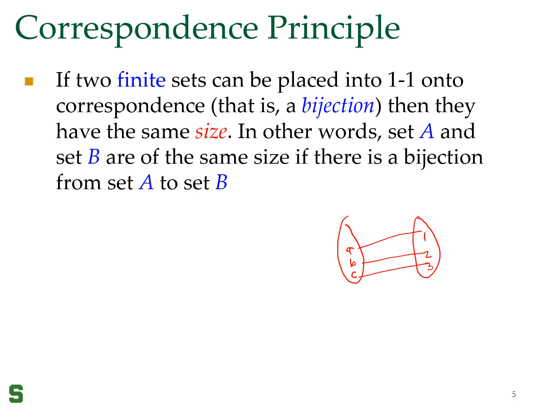That means it's 1 to 1 and it is onto. We're going to use this idea to decide when two infinite sets have the same cardinality. So in other words, if there is a bijection between those two sets, we are going to say that the sets have the same cardinality. If there is no bijection, we are going to say that the sets do not have the same cardinality.